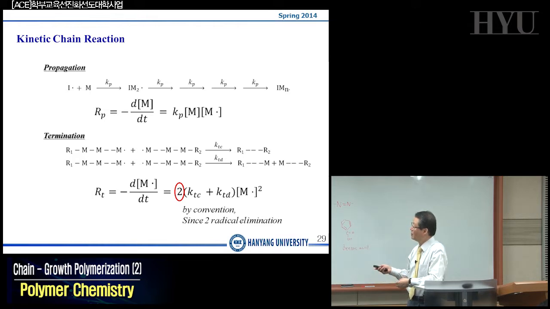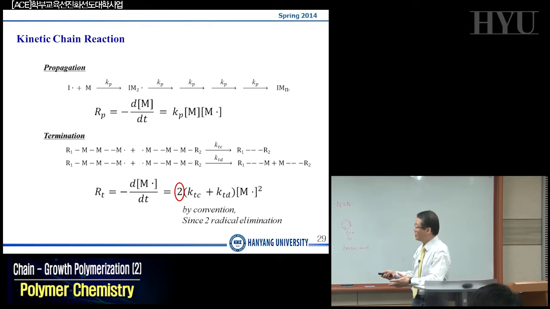Now if we write the rate equation, the monomer consumption rate is Kp times M dot concentration times M concentration. Right?